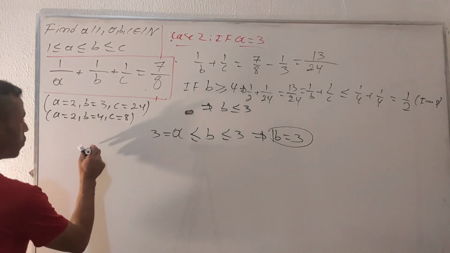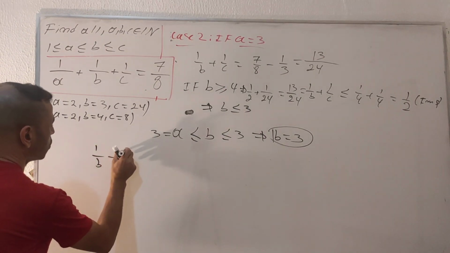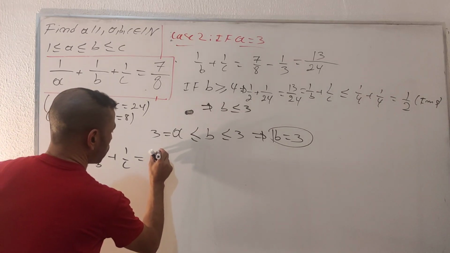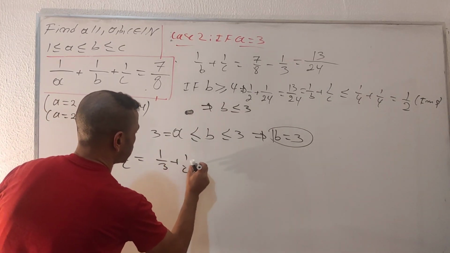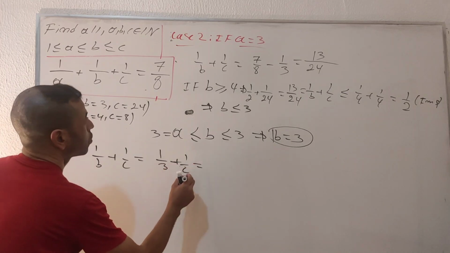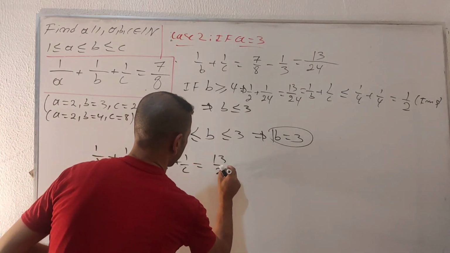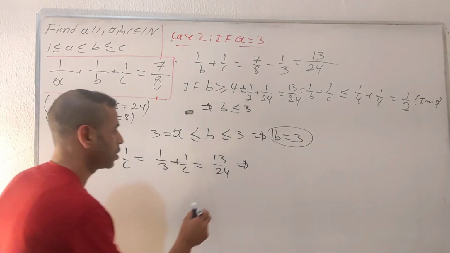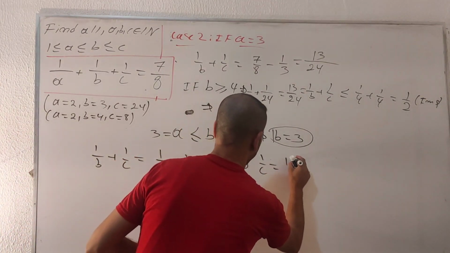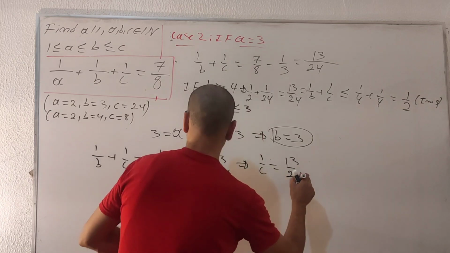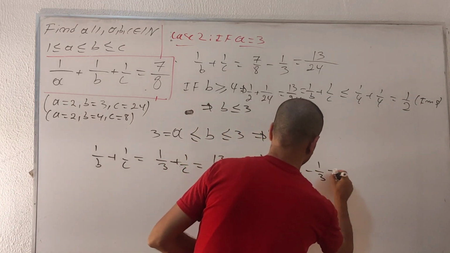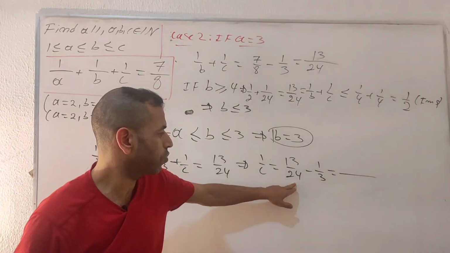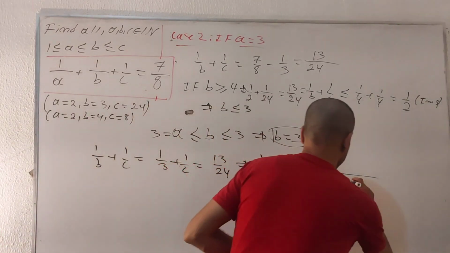So I get 1 over b plus 1 over c, which equals 1 over 4 plus 1 over c, which equals 13 over 24. Let's take this to the right. I get 1 over c equals 13 over 24 minus 1 over 4. I'm going to put 24 as a common denominator here.